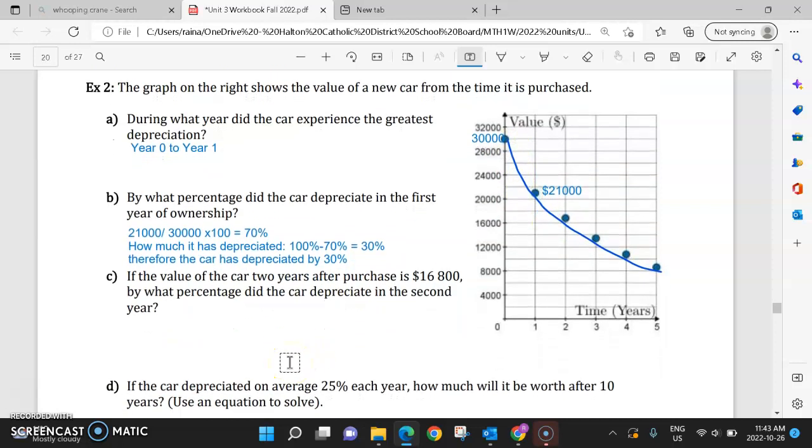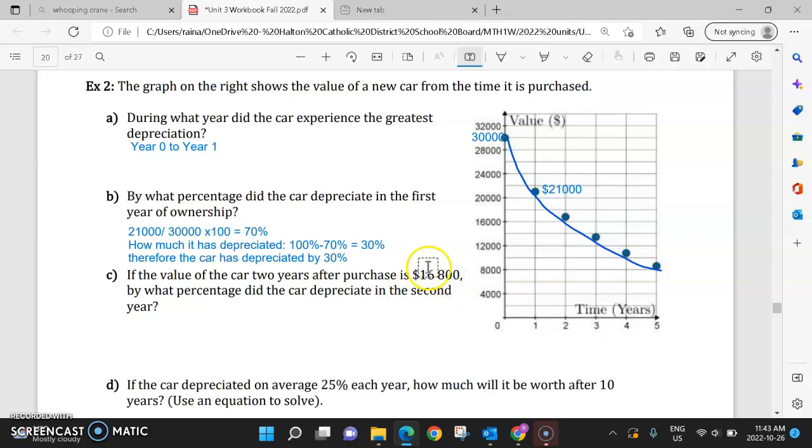If the value of the car 2 years after purchase is 16,800, by what percentage did the car depreciate in the second year? All right, so let's take a look at that. We're going to do 16,800 because that's my new value, right? And I'm going to divide that by the value in the first year. So the value in the first year was 21,000. Okay?